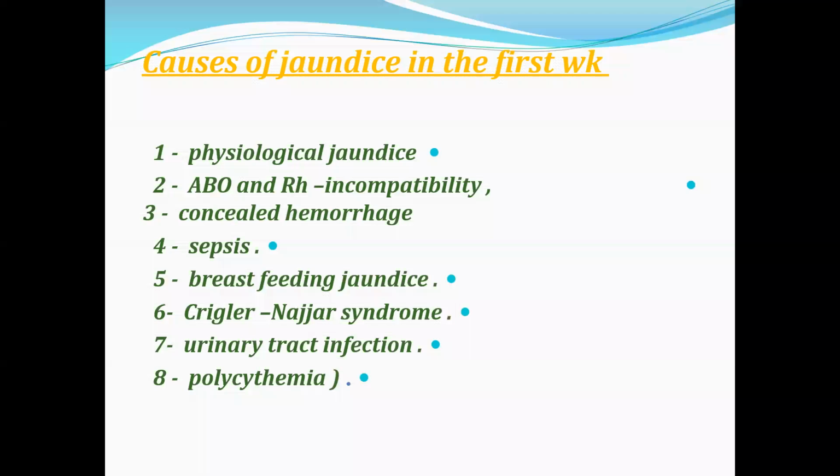Second, ABO and Rh incompatibility. Concealed hemorrhage such as cephalohematoma, sepsis, breastfeeding jaundice, Crigler-Najjar, urinary tract infection, and polycythemia.